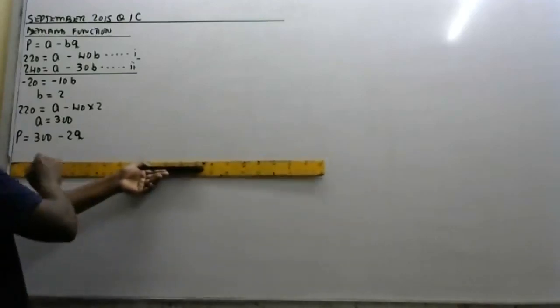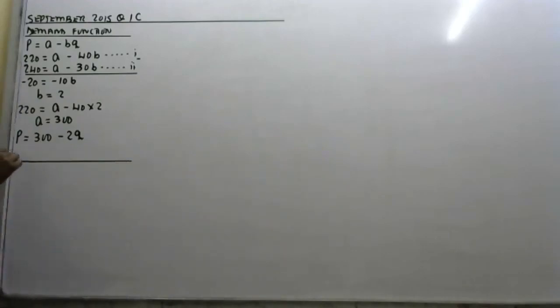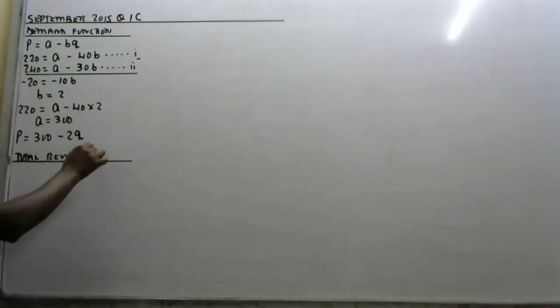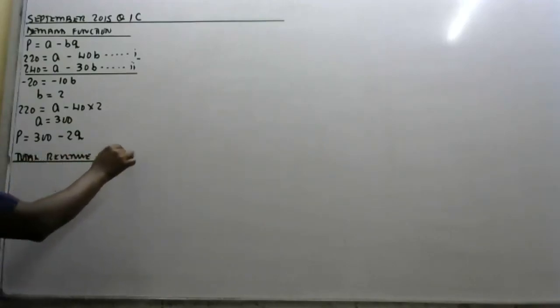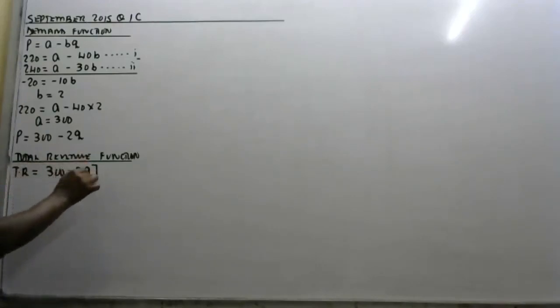So with that now, you proceed and develop the total revenue function. Total revenue is the price, 300 minus 2Q.